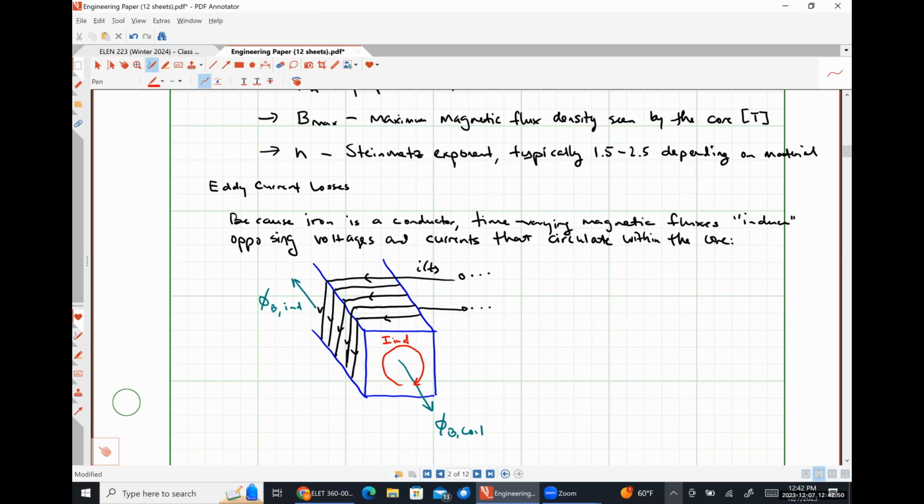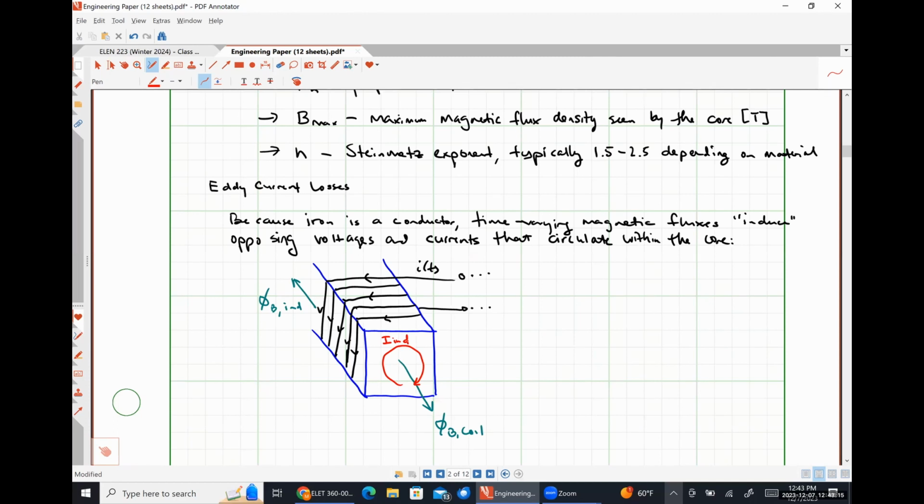So what could we do to minimize eddy current losses in our system? Well, we can lower the temperature, so we could try to cool things down. Absolutely, that's one way to do it. But let's say that we have an electrical transformer, which is where we're getting towards, and it's out in open air in a housing.